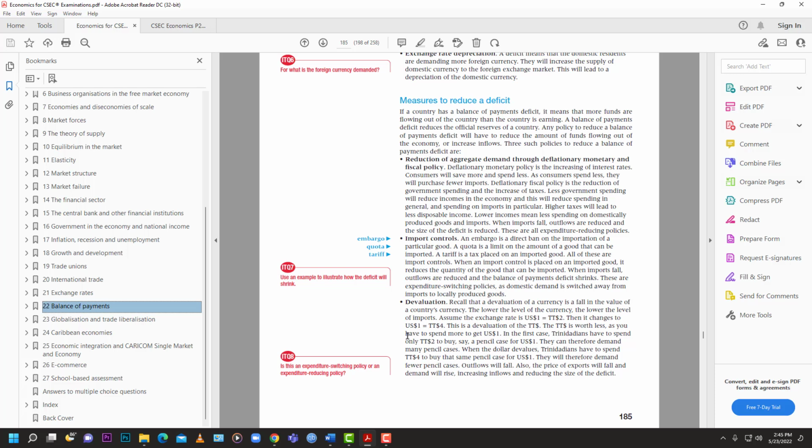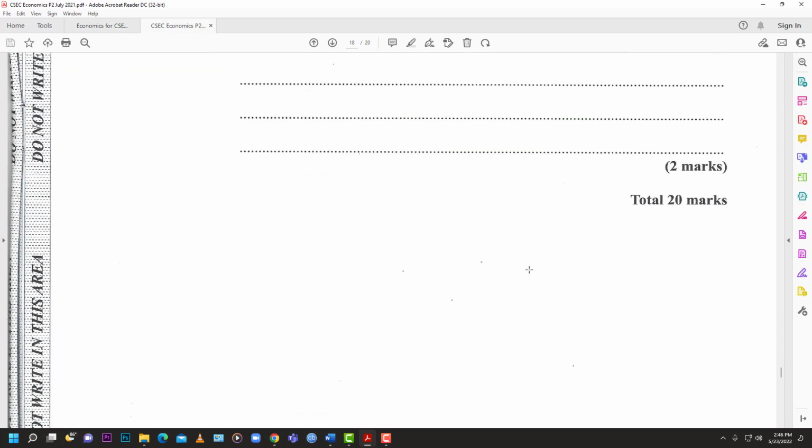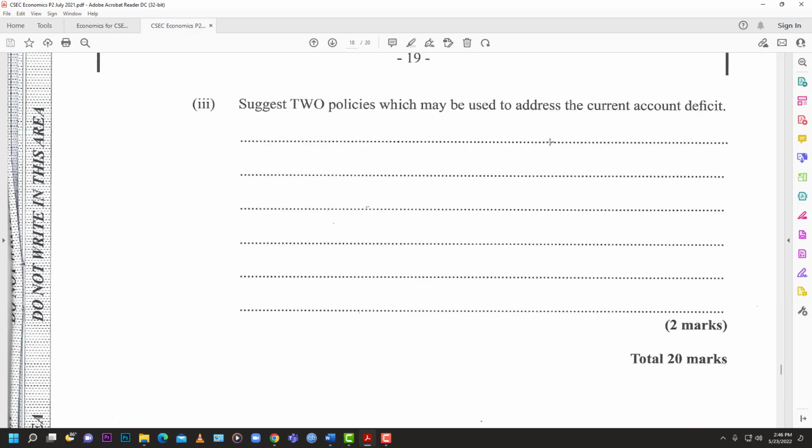So at home, that would dissuade persons from importing. Whereas it can boost exports, because for the foreigners, our products are now cheaper in terms of cost. So that can boost exports and at the same time reduce imports, and that would help with the overall deficit. Alright, and just like that, the question said suggest, so you have your 2 marks.